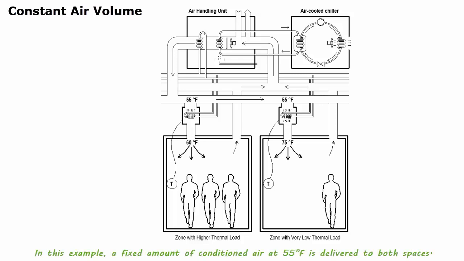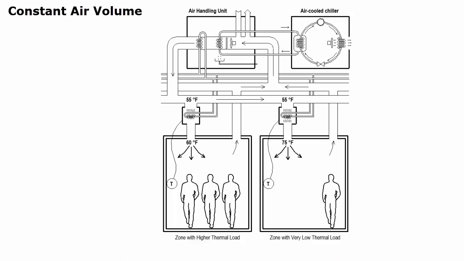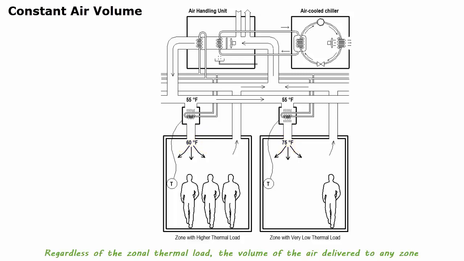In this example, a fixed amount of conditioned air at 55 degrees F is delivered to both spaces. The reheat coil in the left zone operates in lower capacity and thus provides cooler supply air than the other zone because the left zone has a higher cooling load. Regardless of the zonal thermal load, the volume of the air delivered to any zone is at a constant rate.